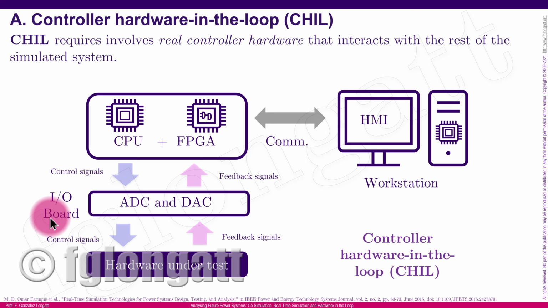For instance, a controller. You can use an Arduino, a Raspberry Pi, a Texas Instruments or National Instruments device and close the loop in order to test your controller. When you are using controllers, you typically are working with low power signals, and as a consequence, what you need is an input and output board with very low power signals, okay?